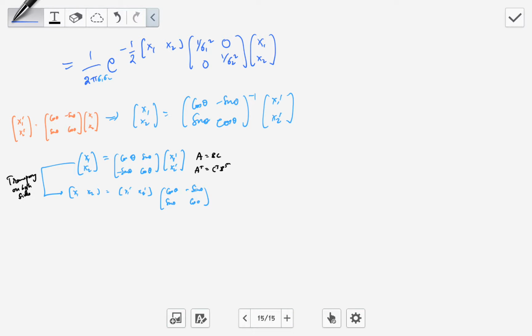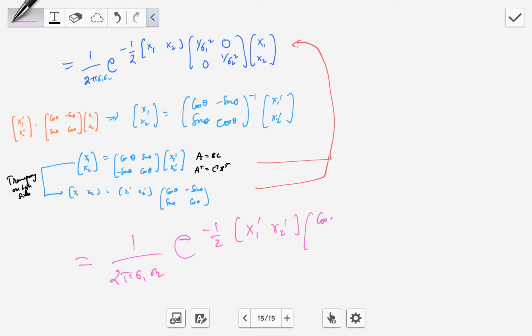Yes, so I will substitute this here, meaning that initial form. Okay, so what will that be? 1 by 2 pi sigma 1 sigma 2 e to the power minus half x1 dash x2 dash times the matrix cos theta, minus sin theta, sin theta, cos theta.